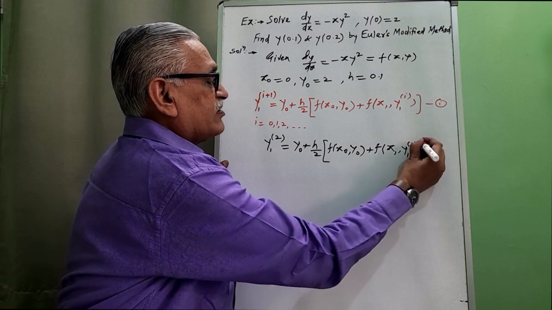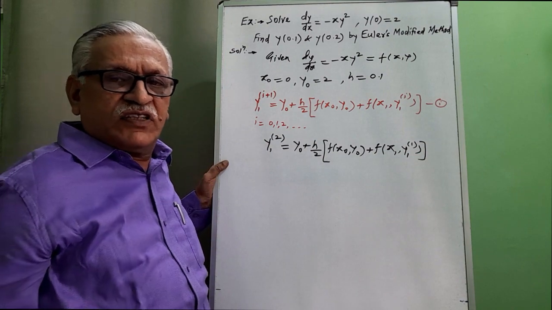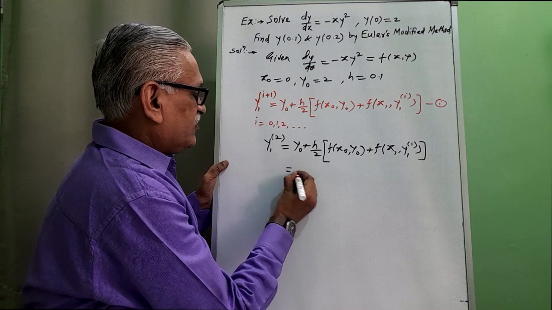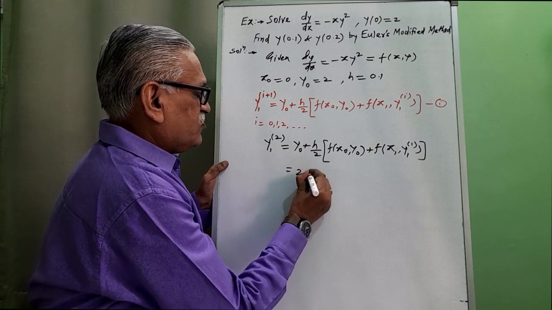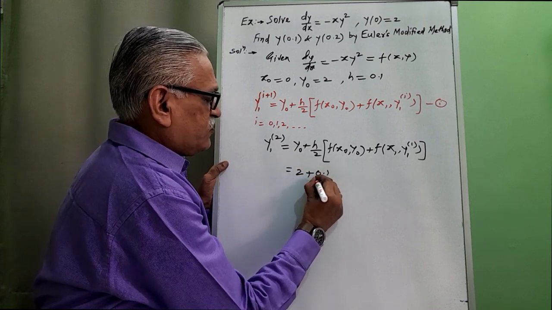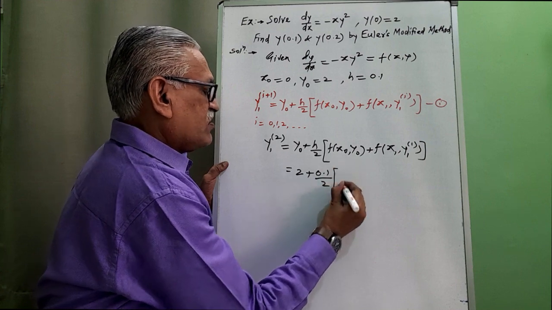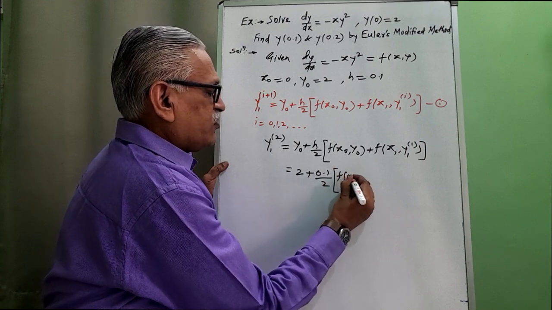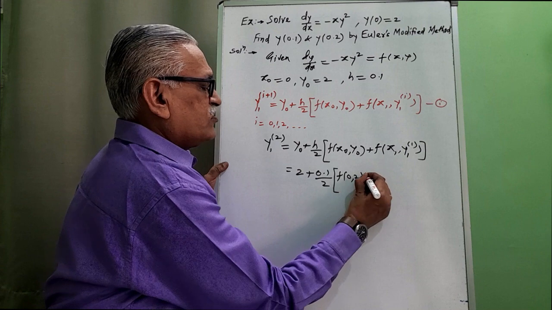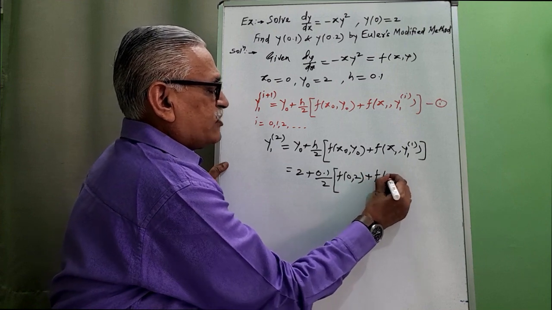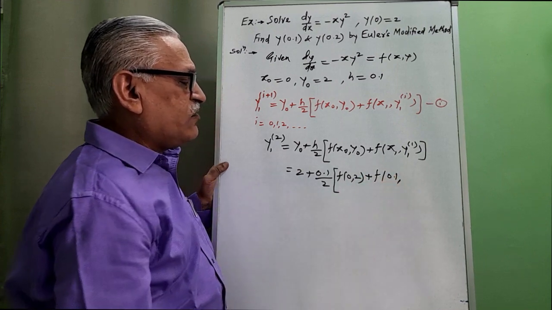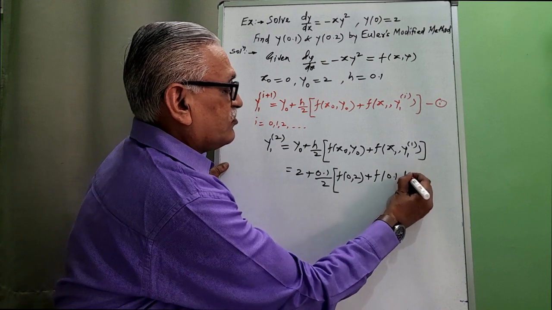Substituting the values, y0 is 2, h is 0.1 by 2, f of x0 is 0, y0 is 2, f of x1 is 0.1 and 1.980.